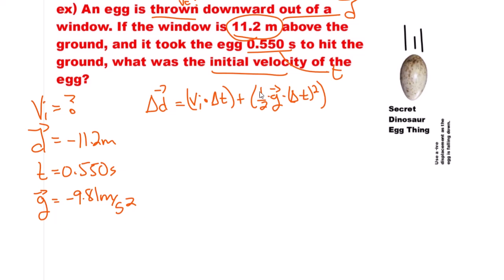This whole big term is being added. Well, if I subtract everything in this bracket on this side and on this side, this whole thing is going to cancel. So I'm going to subtract 1/2 times g times delta t squared on this side and subtract that on this side.